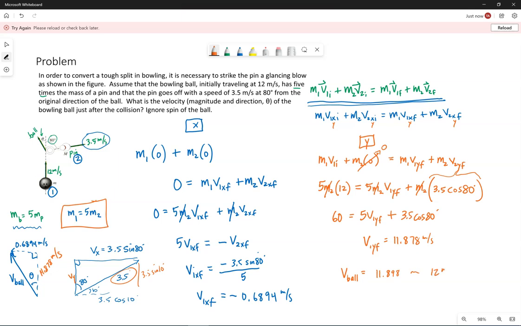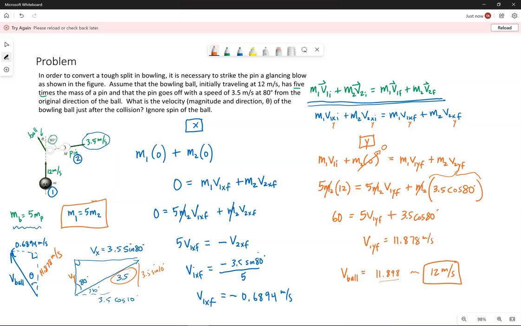So the ball is still traveling essentially 12 meters per second. So to 2 sig figs, it's still 12. It, of course, is not exactly 12 anymore. It's slowed down a tiny bit because some of its momentum went to the pin.